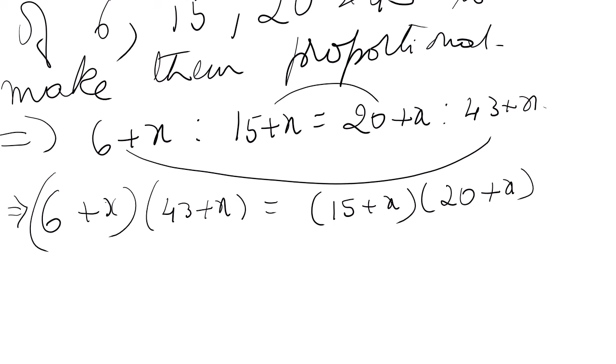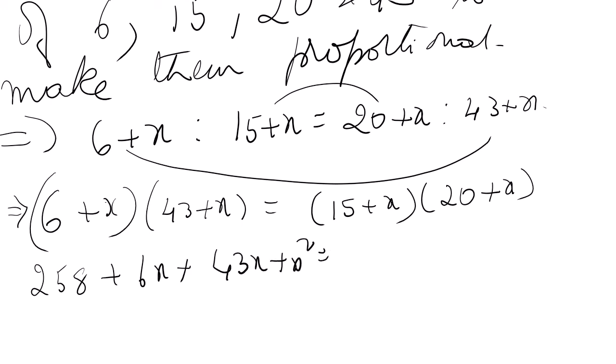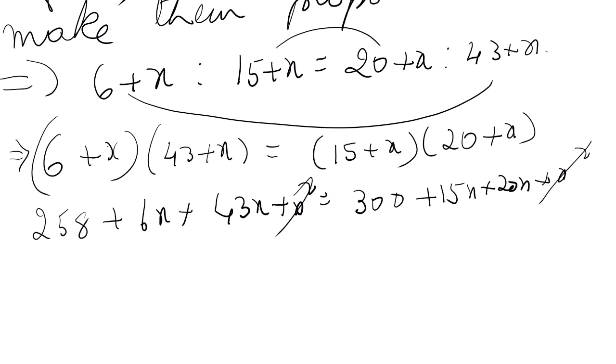So if you multiply 6 into 43, 258 plus 6x plus 43x plus x square, 15 twos are 30, 0 plus 15x plus 20x plus x square. So x square on both sides gets cancelled.